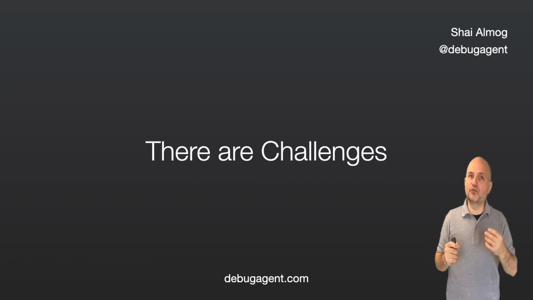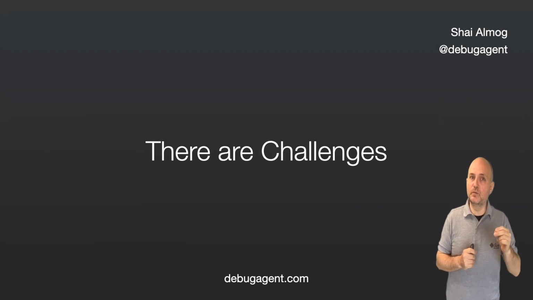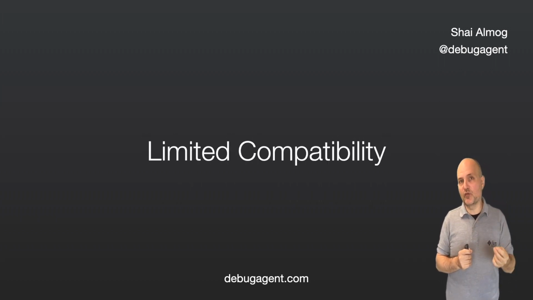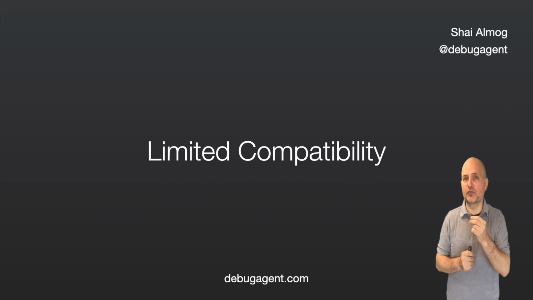While Spring Native brings several benefits to Spring applications in cloud-native environments, there are also some challenges and limitations that developers should be aware of. Here are some of the main problems with Spring Native. Spring Native relies on the GraalVM native image compiler to generate native executables, which has some limitations in terms of language features, runtime behavior, and third-party library support.